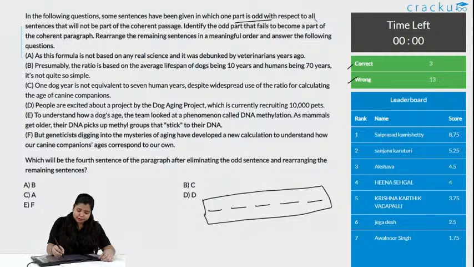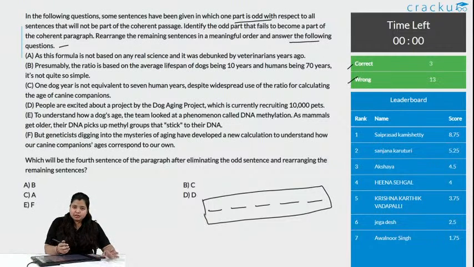With respect to all sentences, that will not be part of the coherent passage. So, the odd sentence will not be a part of the coherent passage. Identify the odd part that fails to become a part of the coherent paragraph. Rearrange the remaining sentences in a meaningful order and answer the following questions. Okay, let us do this now.